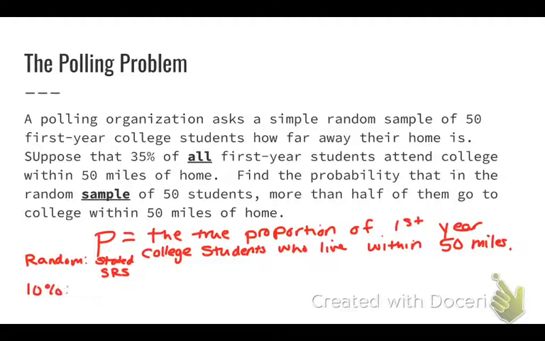Independence, we do the 10% condition. So I would say that 50 students is less than 10% of all first year college students.